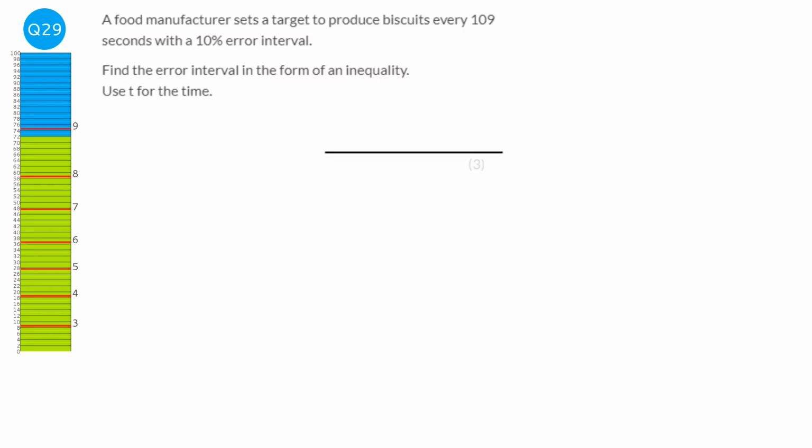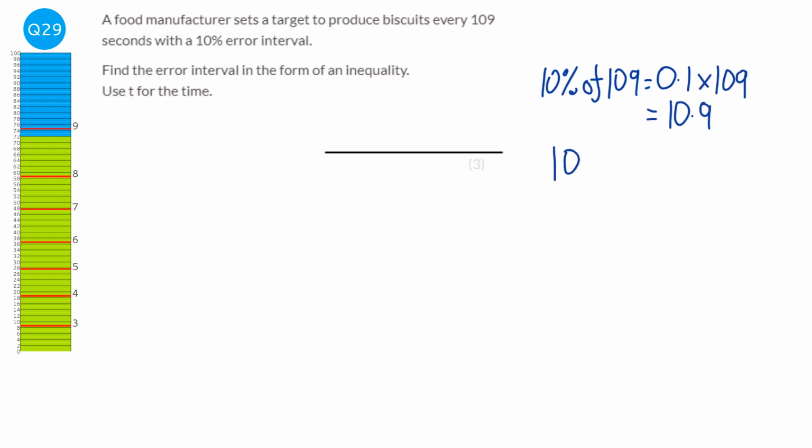First thing we need to do is find out what 10% of the 109 is. So we're just going to multiply by 0.1, and that gives us 10.9. So what we're going to do is we're going to add and subtract this from 109. So we're going to do 109 take away 10.9, which gives us 98.1.